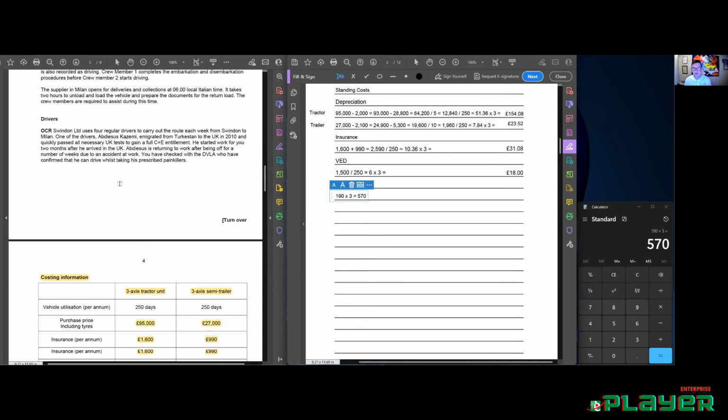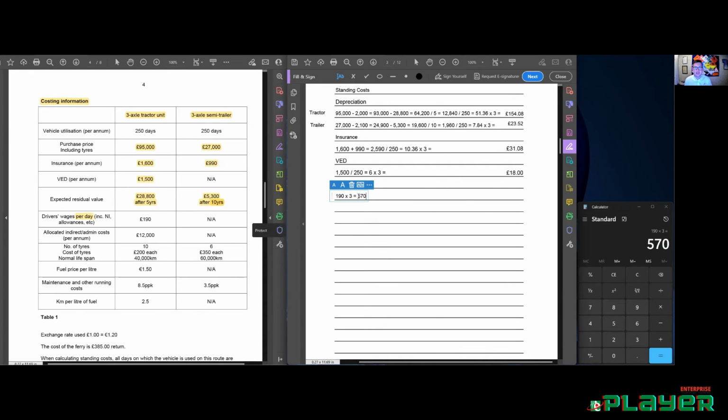So therefore, you've got to be careful that you pay 2 drivers. So in that case, it's done over 3 days, but there are 2 drivers. So 570 times by 2 is 1,140. Again, I'm trying to point out the easy errors. £1,140. So there's the driver's wages done as well.